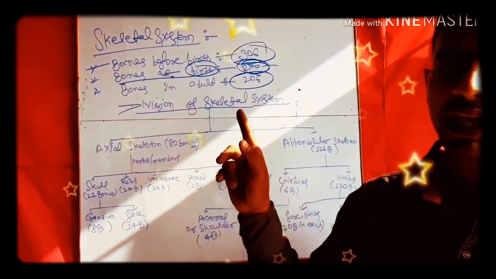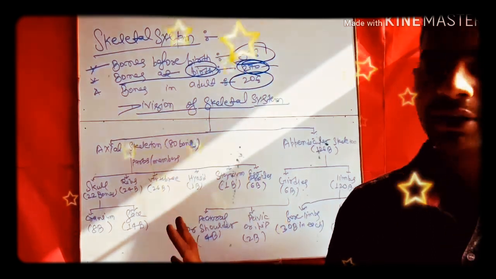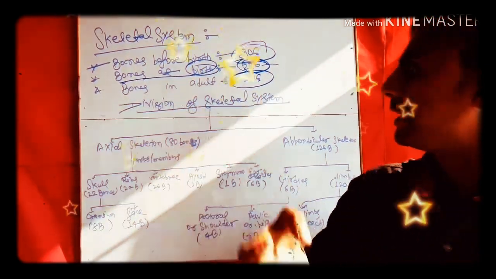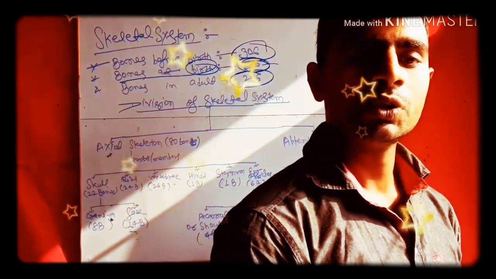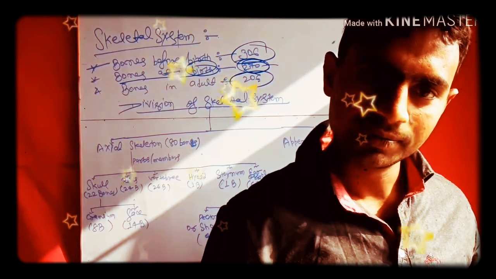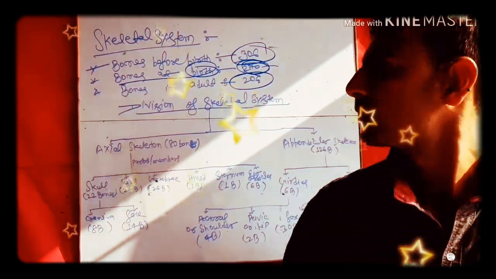Never forget that the number of bones before birth is 306, at birth 270, and in an adult we have 206 bones.